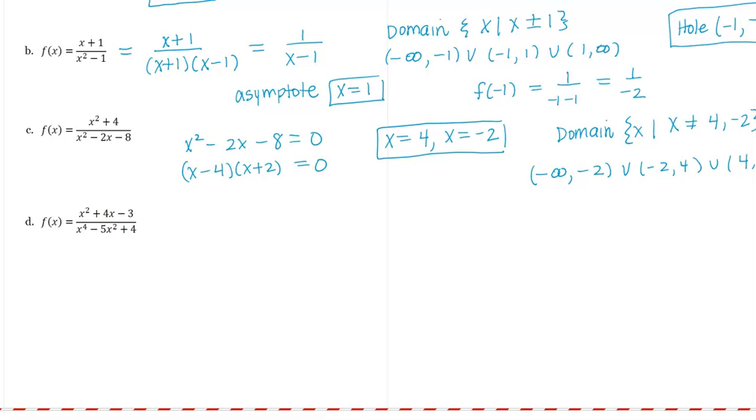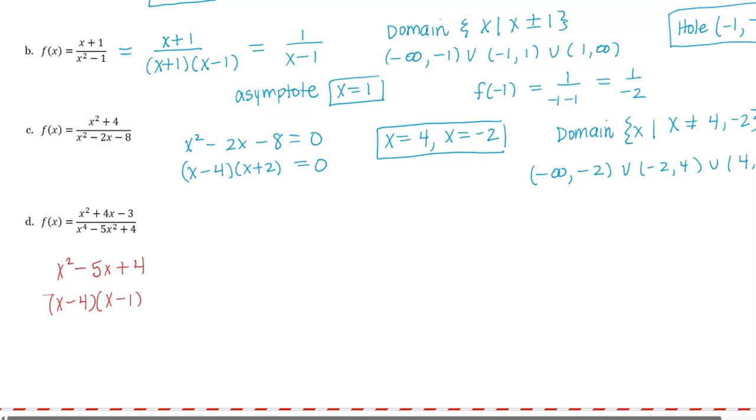It's to the 4th power, but it looks like it's a quadratic in disguise. It has the same structure as this, and we know how to factor that into x squared minus 4 and x squared minus 1. The numerator cannot be factored, so we don't need to worry about that.